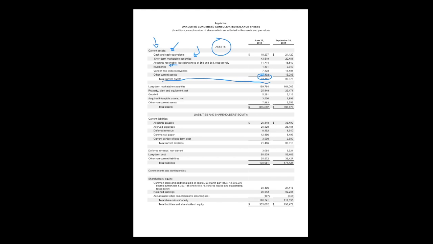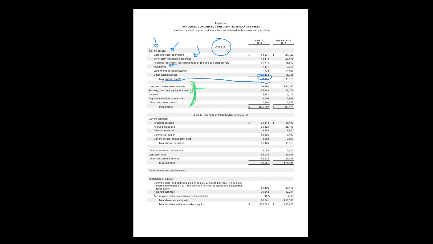And then here are some more long-term assets. These are things that are much harder to get rid of. So property, plant, and equipment. It's very hard to get rid of land or very specific machinery that you use to make your iPhones.